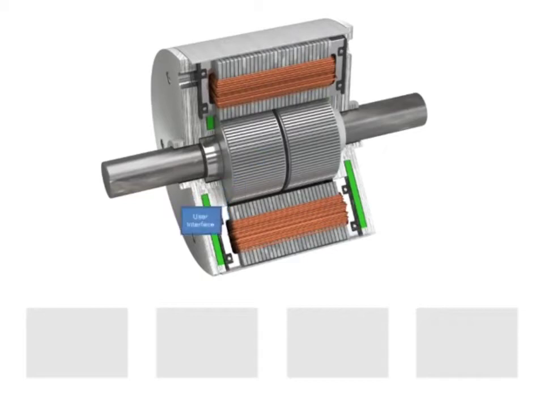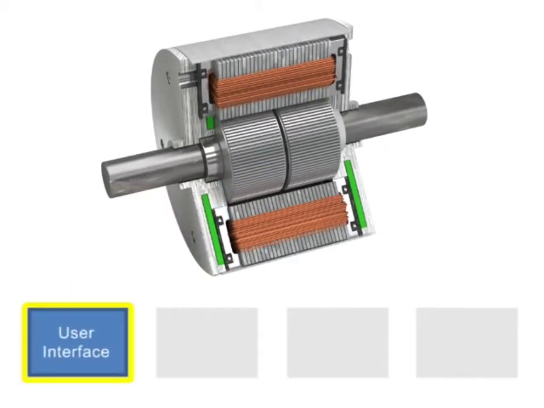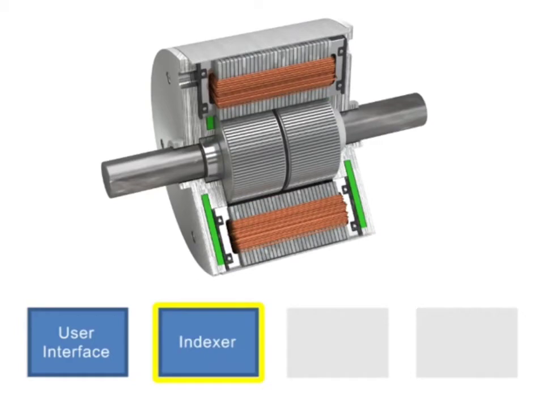A simple stepper motor comprises four elements. First, the user interface. It allows the operator to input motion parameters such as speed, distance and direction. For example, PLC or data entry terminals are used as the user interface.